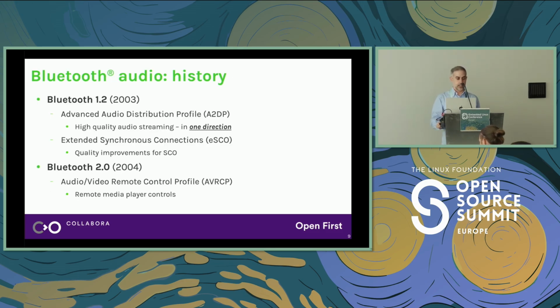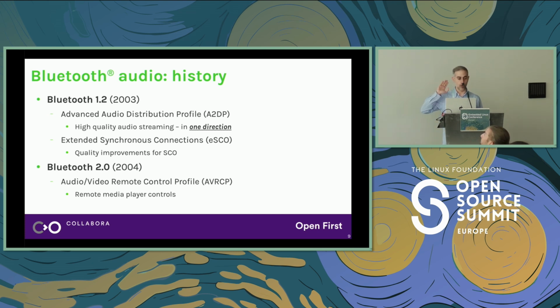Then in 2003, shortly after, two years after HSP and HFP, we got the Advanced Audio Distribution Profile, or A2DP for short, which is meant for high-quality audio streaming, so almost CD-quality audio, but only in one direction.